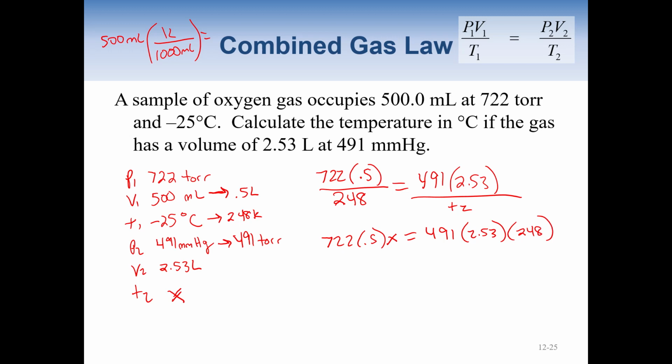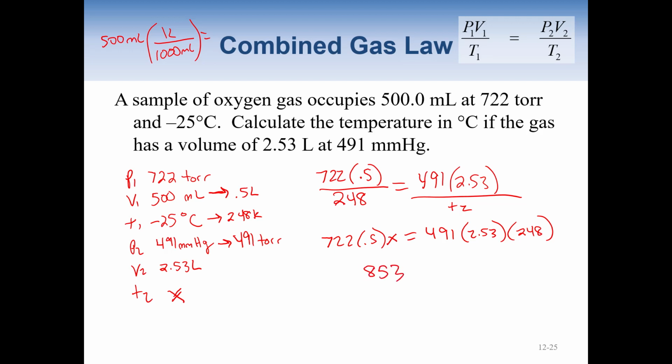When we combine these together and divide away anything that's attached to the x, 491 times 2.53 times 248 equals, and then we're going to divide away the 722 times 0.5 in parentheses, and I get 853.